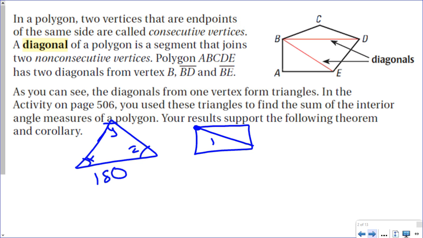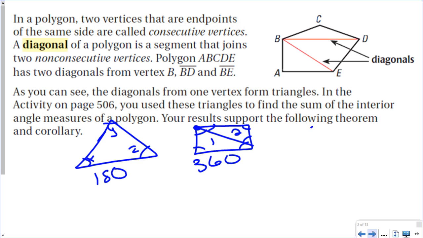So you've got one triangle and then two. If you add up the angles on the first triangle, you get 180, and add up the angles on the second triangle, that's another 180. So this is a real popular one: the total inside a four-sided object is 360.